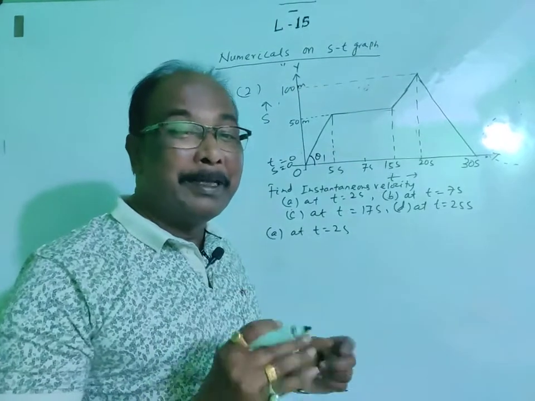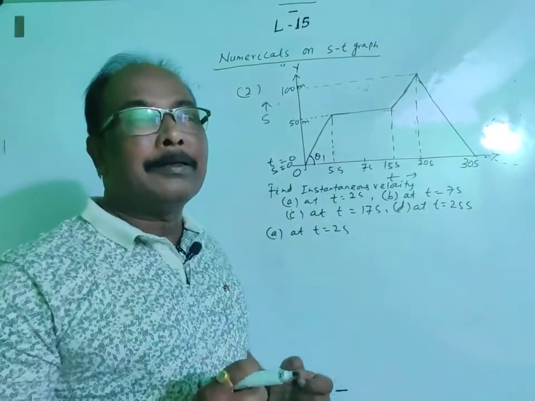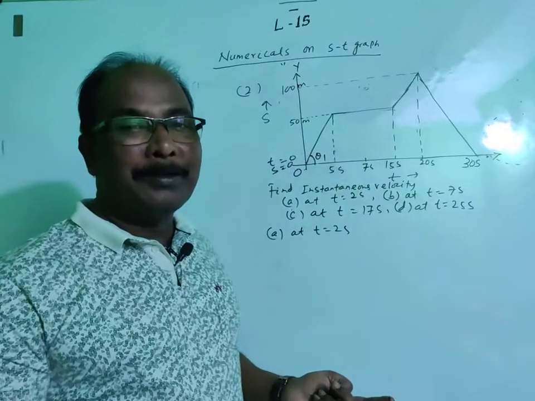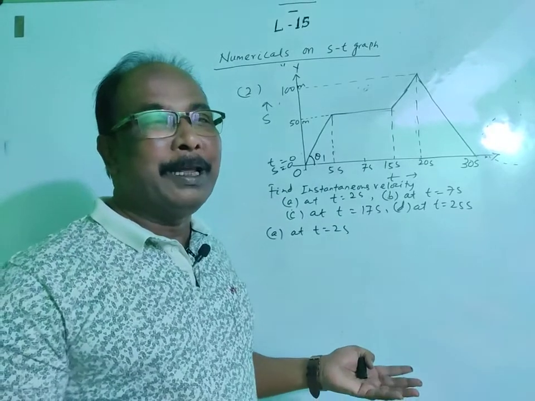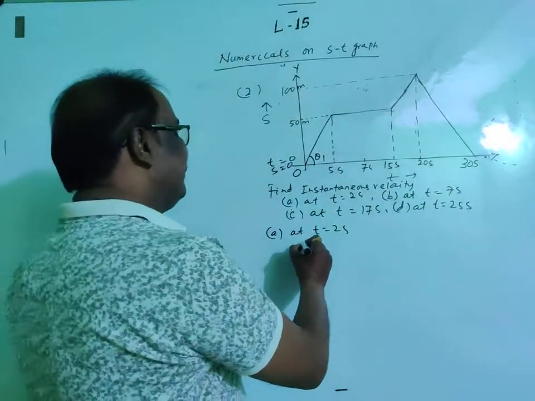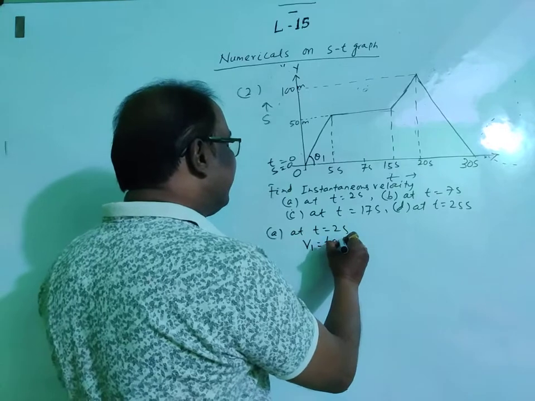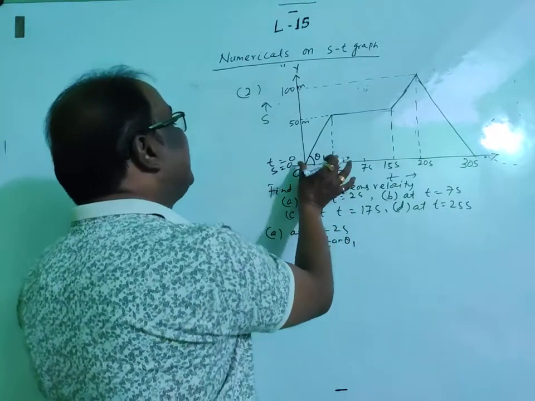And we have discussed, if the graph is a straight line making a constant angle with the time axis, then velocity is constant. Velocity is constant means the magnitude and direction of velocity are both constant. Okay. Then here velocity is, let's say, v1, and velocity is tan θ1.